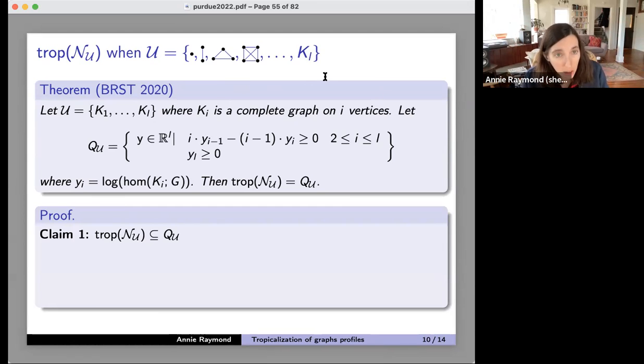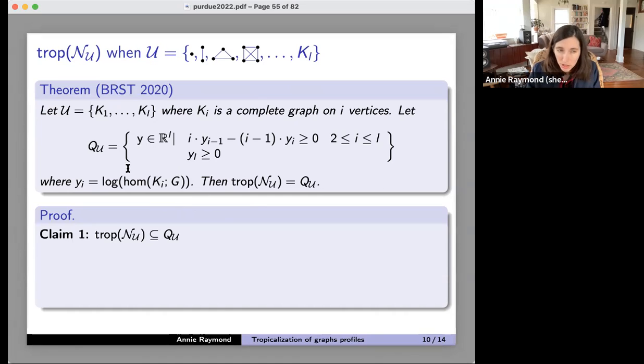So here we take all the way up to complete graphs on L vertices, and we calculate the tropicalization. And it's very simple. So the tropicalization is equal to this cone, defined by the inequalities here, where the yi's are the logarithms of the number of homomorphisms of Ki into G.